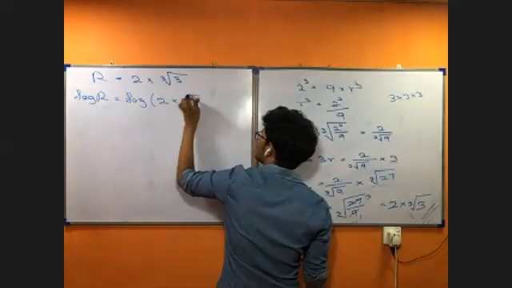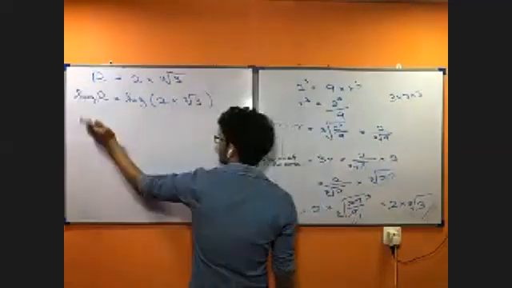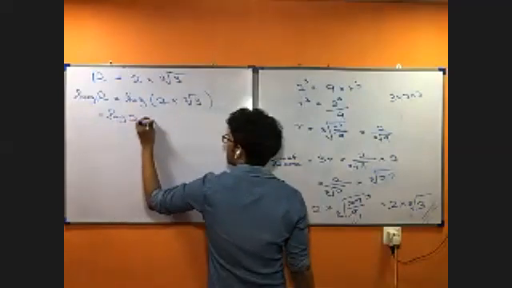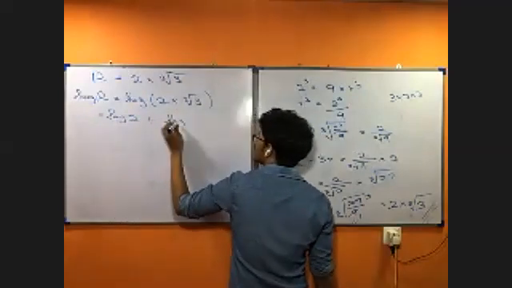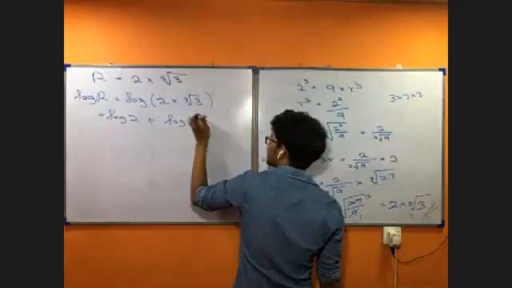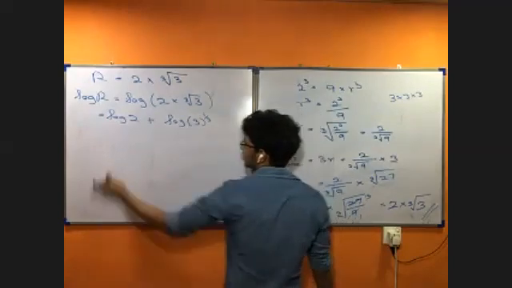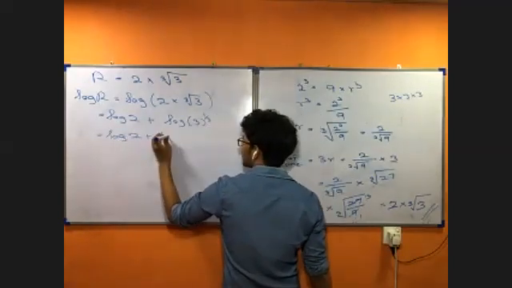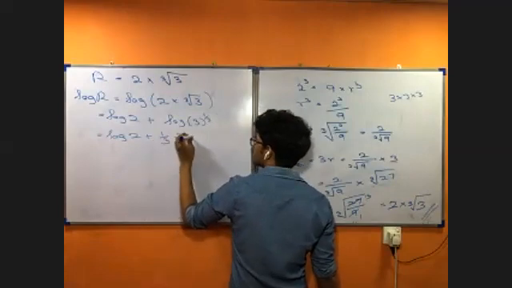In logarithm, multiplication means addition. So you can write log 2 plus log of third root of 3. Third root means 3 to the power 1/3. So it is going to be log 2 plus 1/3 log 3.